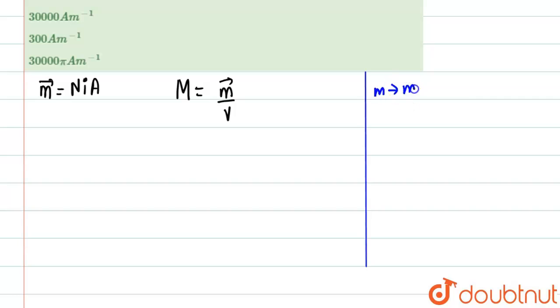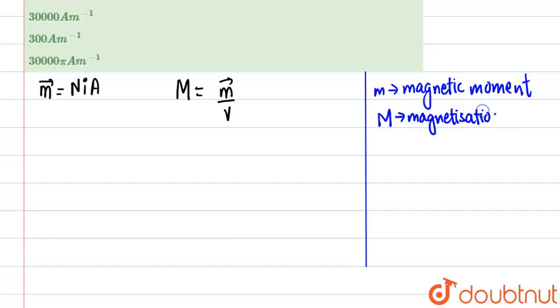Small m is magnetic moment. Capital M is magnetization. V is volume. N is number of turns of solenoid.